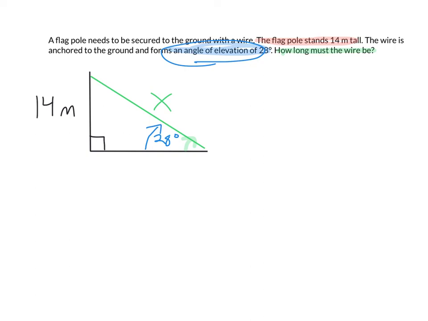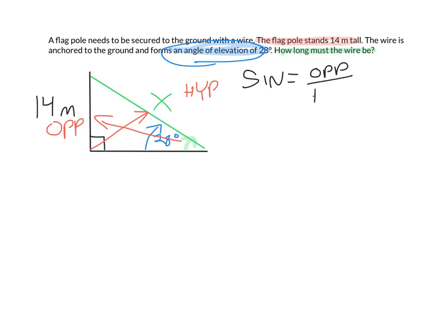We'll do our labeling. From our angle of elevation, we go across to the flagpole, so that's our opposite. And from the right angle to the wire means this is our hypotenuse. So the trig ratio that uses opposite and hypotenuse is sine. We will say that sine is equal to opposite over hypotenuse. We'll fill in our information.